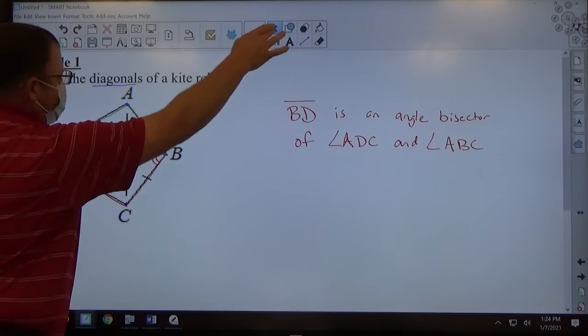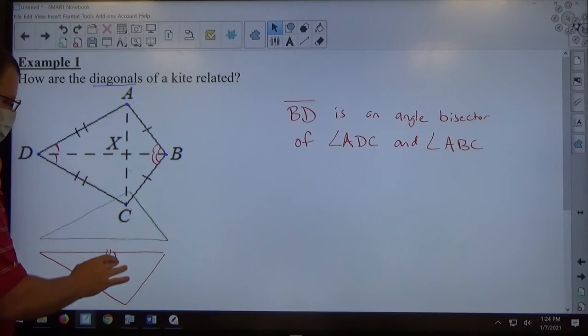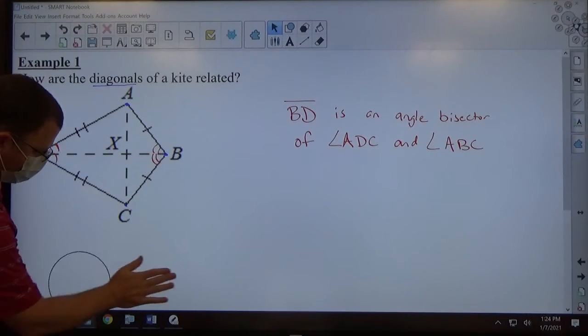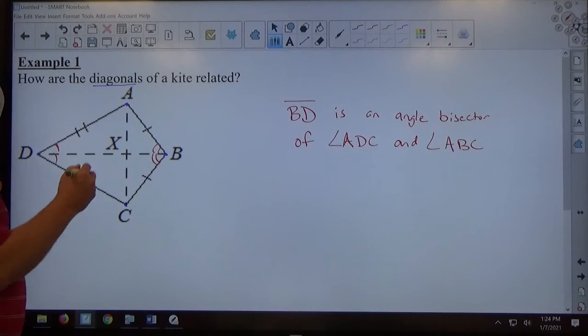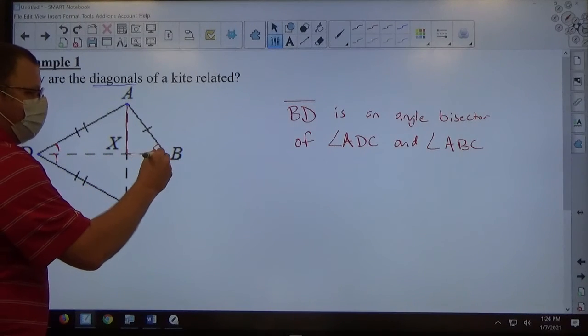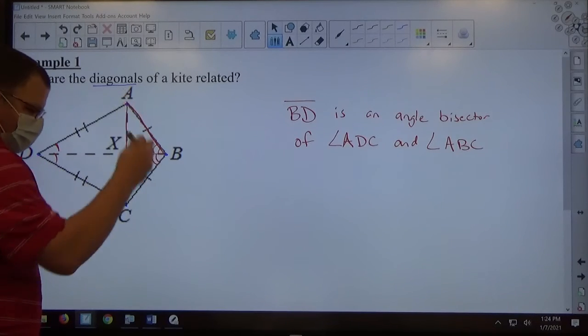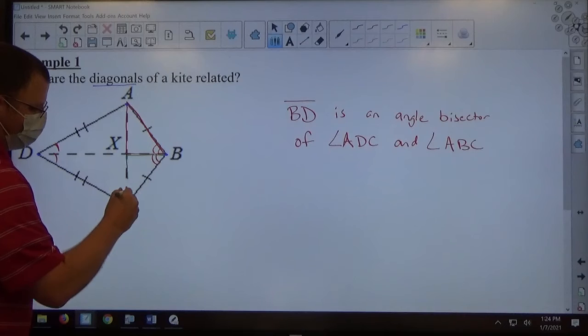So now I'm going to pretend I didn't draw these triangles on top of all this stuff here. And now let's look at another thing that we can say. If I look at triangle AXB, which is right here, and we look at triangle BXC, which is right here.